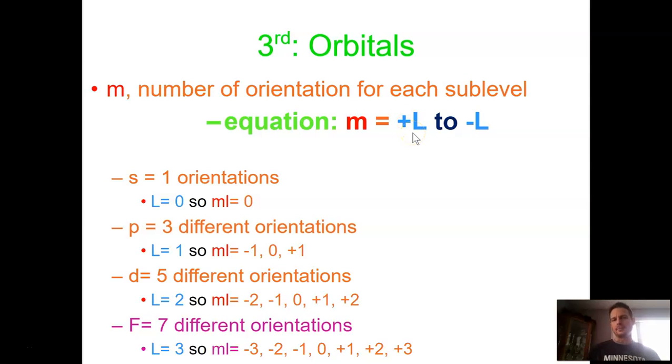So if my second number was a 1, so my L was a 1, I'd have -1, 0, +1. If it was a 2, I'd have -2, -1, 0, +1, +2. And so we get that down here. So S's, they're spheres.